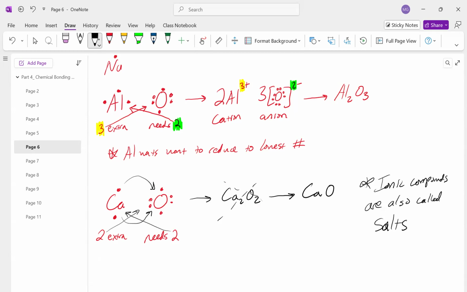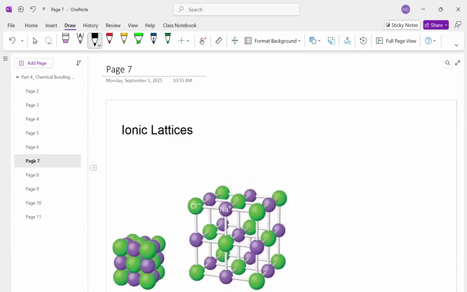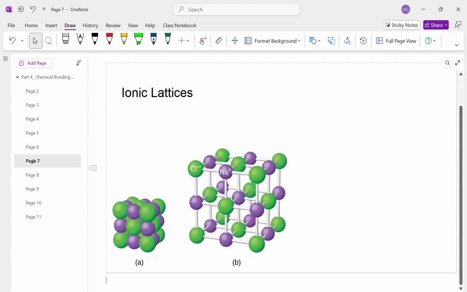But any ionic compound, all the ones that we've drawn on this page, we classify them as salts. Now, one thing I want to highlight right off the bat is that it's incorrect to call an ionic compound a molecule.